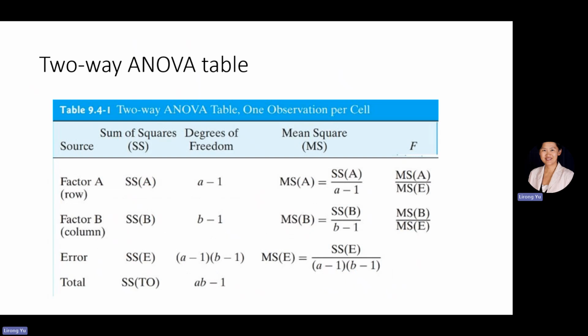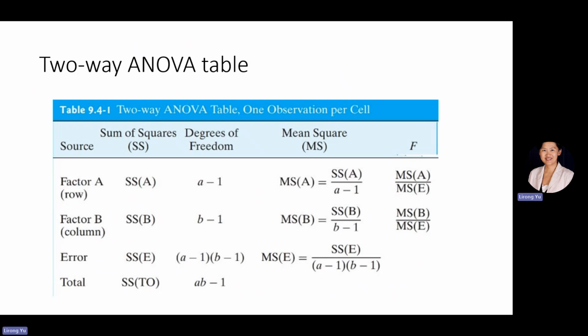So this is the ANOVA table for the two-way ANOVA. You can see there's one more row. SSA represents the summation of squares based on factor A, and SSB is the summation of squares based on factor B, and then the error term is the summation of squares within the group.